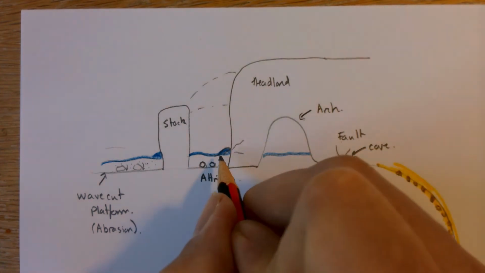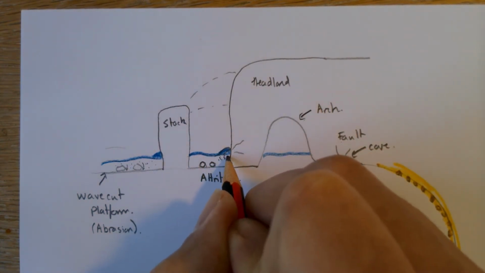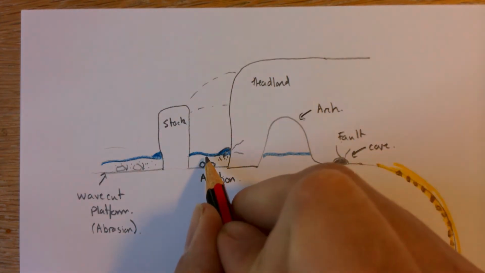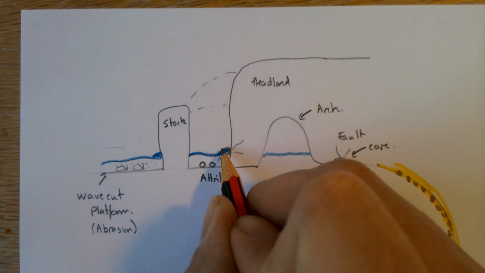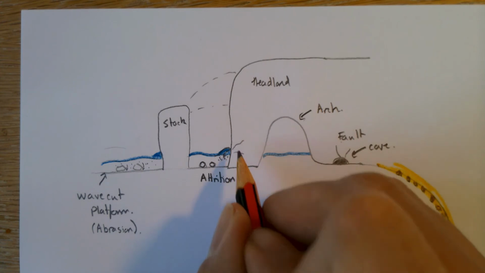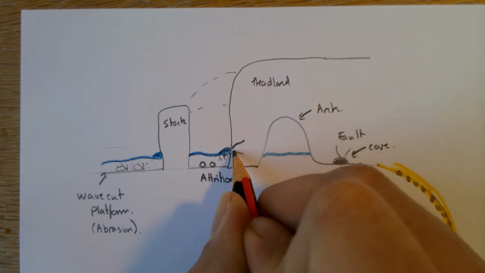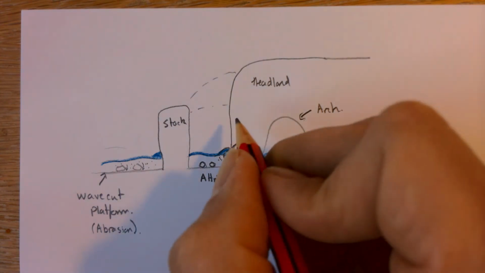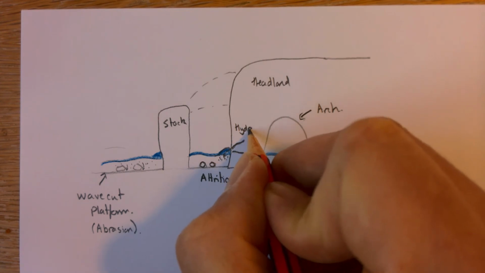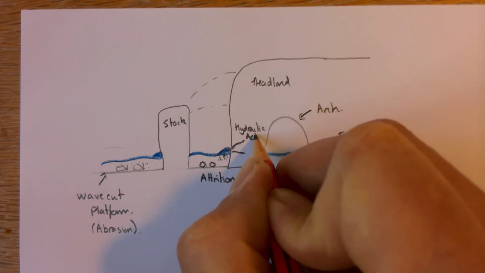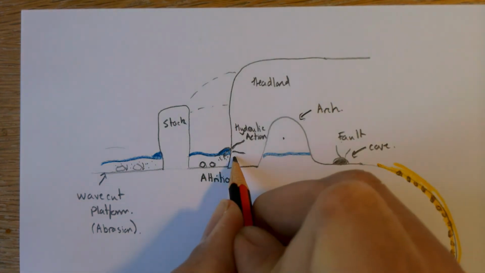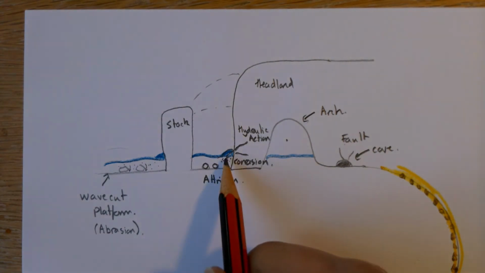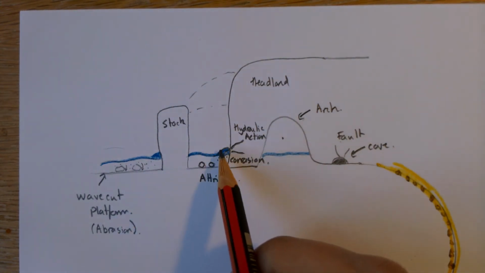As they get smaller and can be carried or transported by saltation or suspension, then the sea or the waves are going to pick them up and hurl them against the stacks and the cliffs, exploiting these lines of weakness, forcing air and water inside, and so hydraulic action is going to dominate, as well as corrosion with the suspended material being hurled against the cliff.